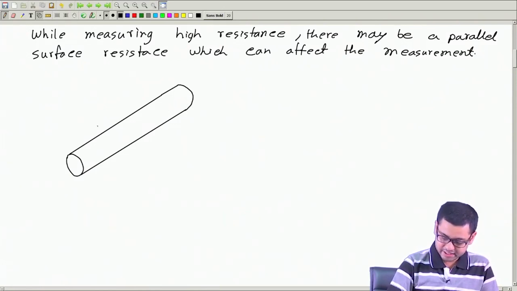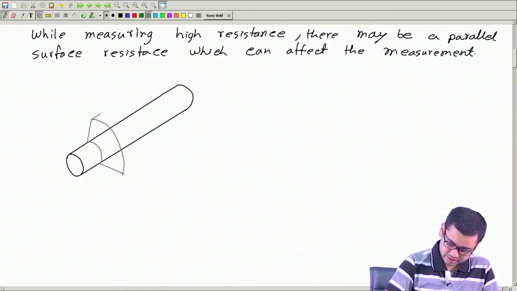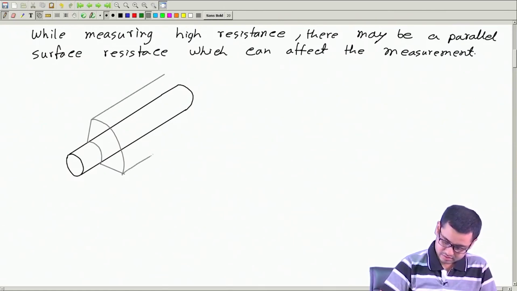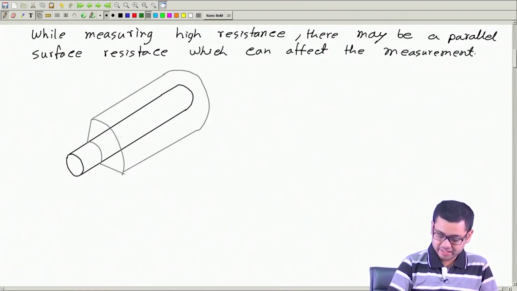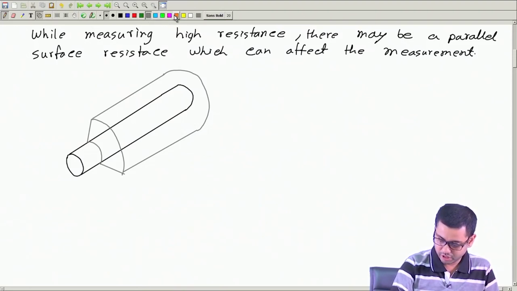and surrounding this we have a layer of insulator. Okay. So, surrounding this we will have a layer of insulator, like this, and then surrounding this insulator we will have another layer which is again a metal, copper, aluminum or something.